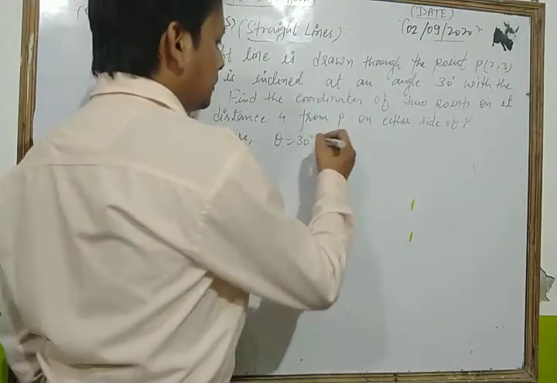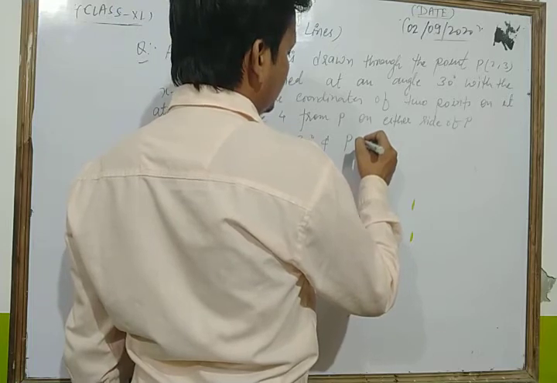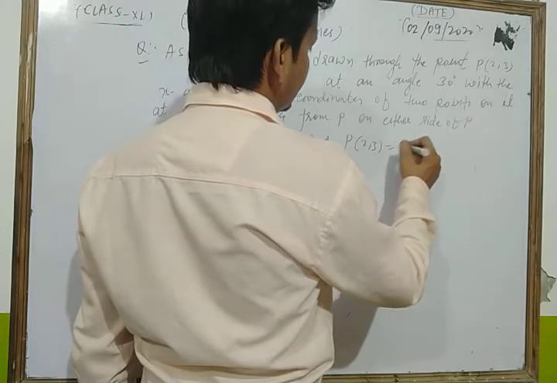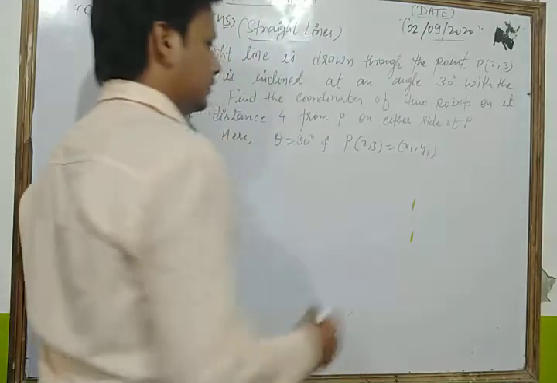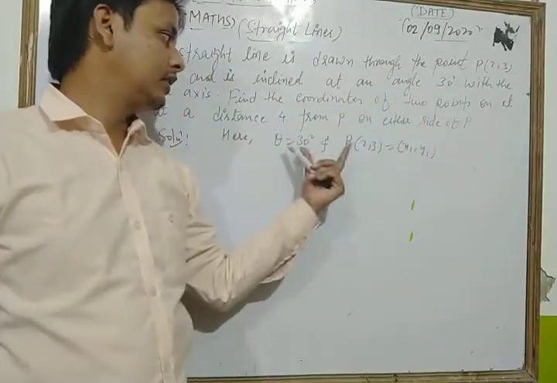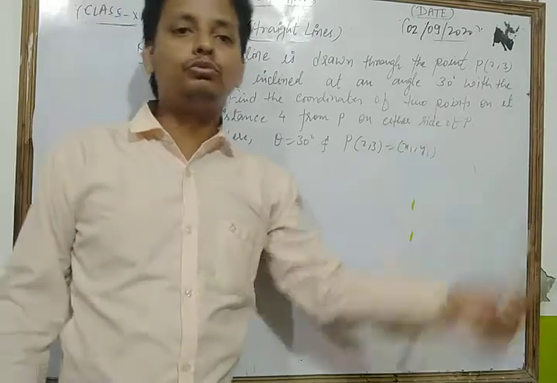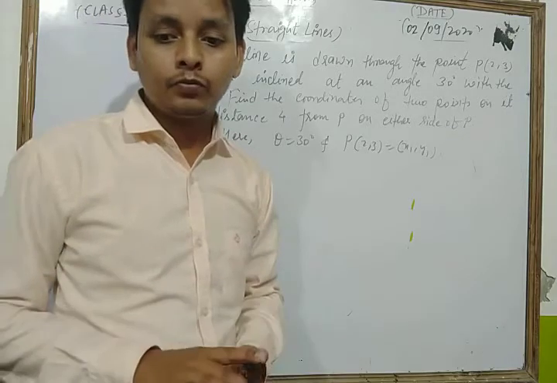The point through which the line passes is P, which is (2, 3) as x1 and y1, because the line passes through the point (2, 3). So this is the value of P, that is x1, y1, through which the line passes. And what else is given?